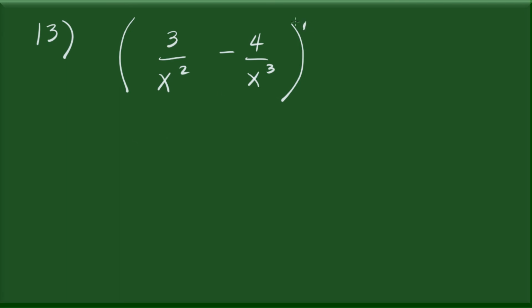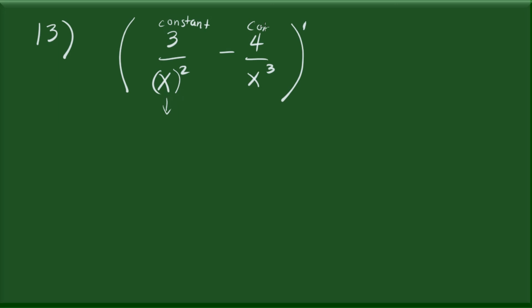Okay, number 13. 3 over x squared minus 4 over x cubed. Okay, so what is the derivative? This is a reciprocal, like constant. It's a reciprocal when your numerator is constant and your variable x is at the bottom.